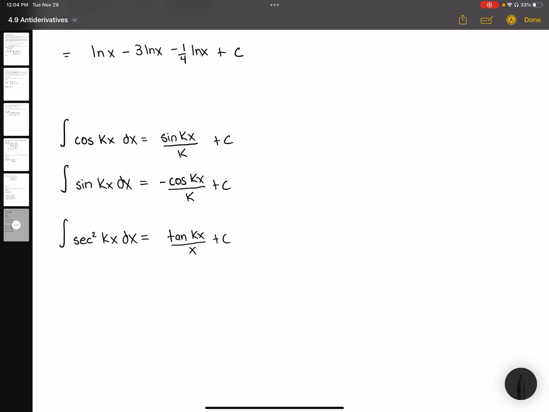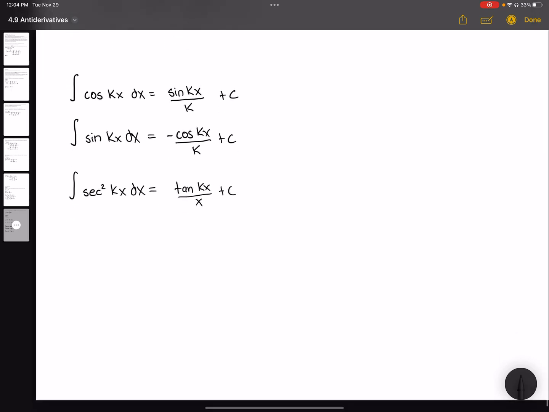We have the other ones, but we'll talk about those in class. A quick example, and then we'll conclude. Say we had the antiderivative of the cosine of 3x minus the sine of 1/2 x plus 5 secant squared 6x dx.